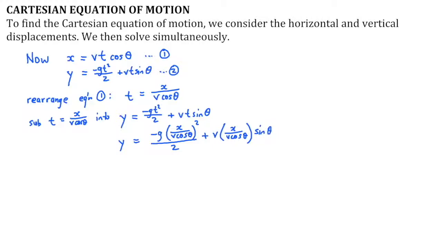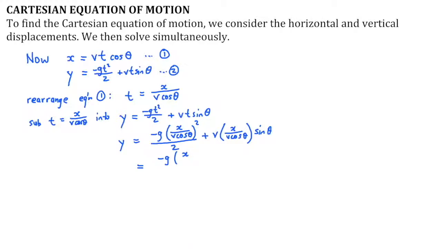So hopefully you'll notice that everywhere I saw a t in the line above, it got replaced with x over v cos theta. Now I have to go through the expansion process for the squareds. So we get minus g, and x gets squared, so it'll become x squared over, well, let's actually tidy that up.